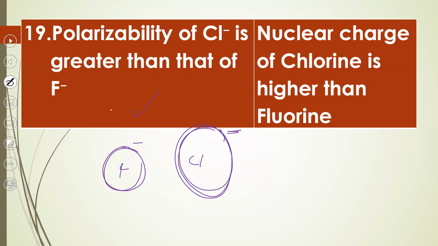Polarizability is higher for chlorine. Nuclear charge of chlorine is higher than that of fluorine. That's also correct. But this phenomenon is due to the size of the electron cloud. Same charge, size is the reason. So nothing to do with the nuclear charge. Both are correct, but the second answer has no connection with the first one.